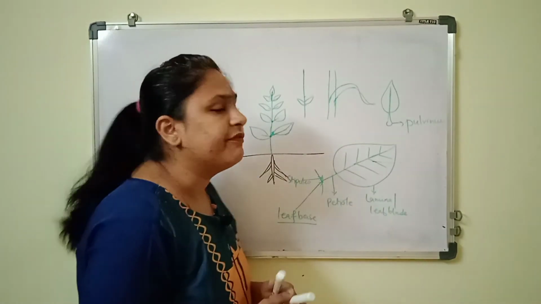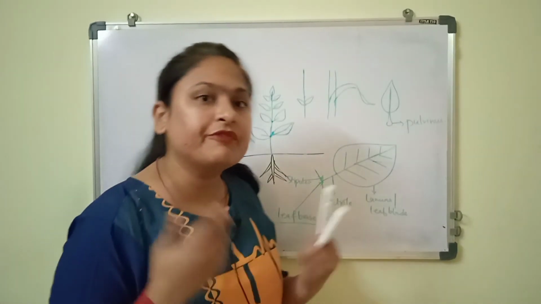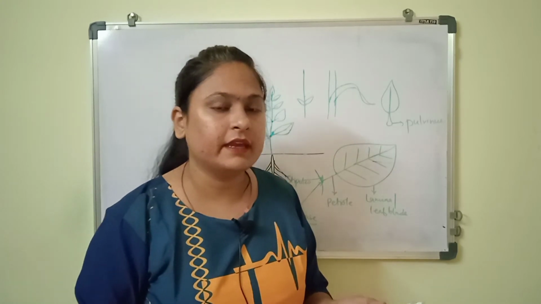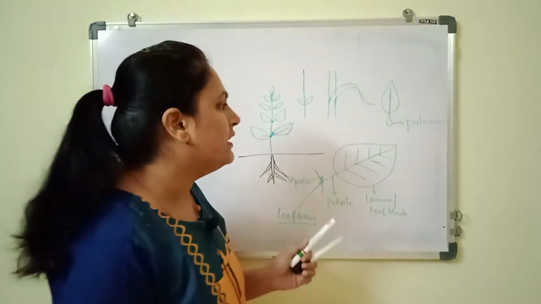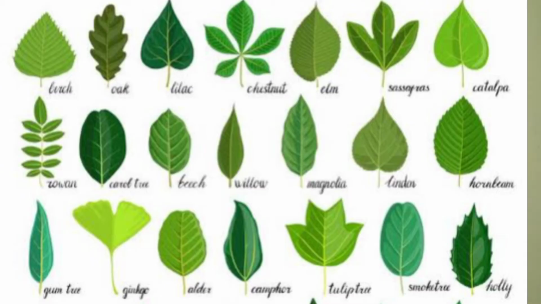Now leaves vary. It is not just one particular leaf; different plants show different leaves. Different leaf structures are there in different plants. Some leaves vary in the margin, in their shape, in their apex, in the incision. What kind of incision?